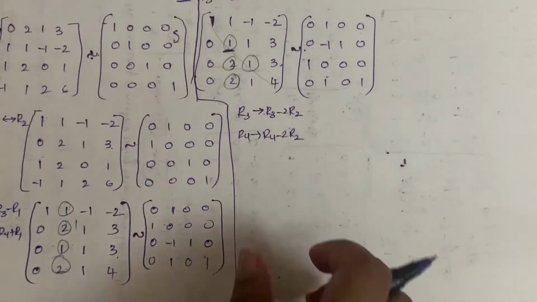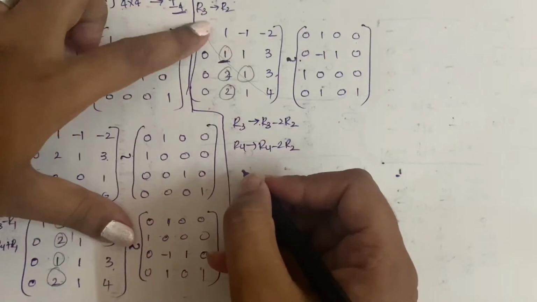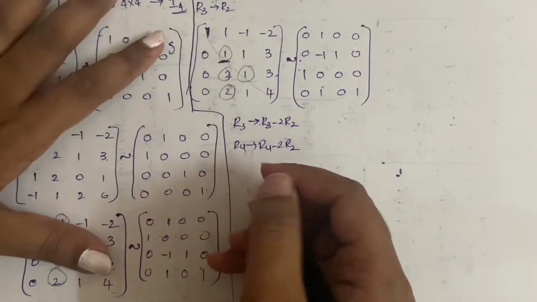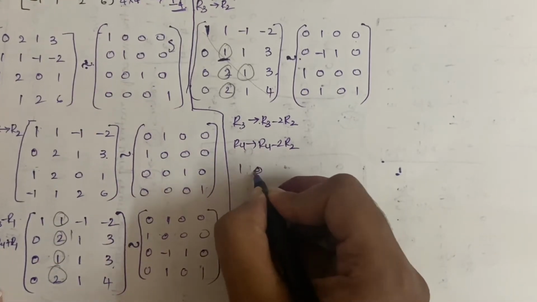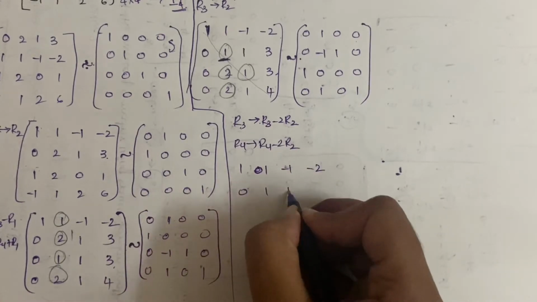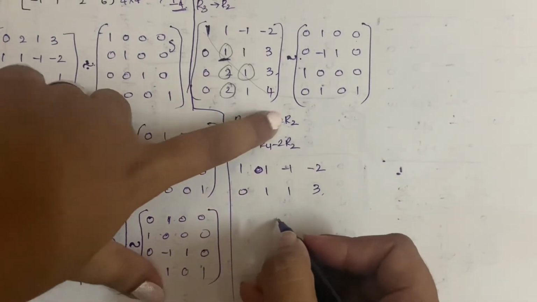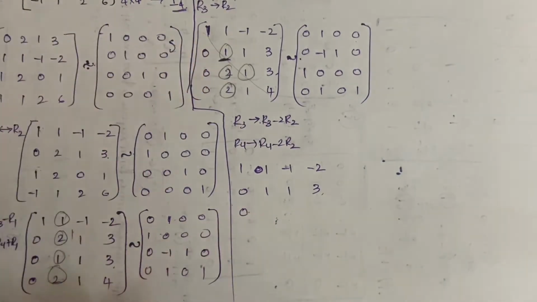Okay, so now let us apply the operation for this matrix. R1 and R2 will be the same, write them as it is: 1, 1, minus 1, minus 2 and 0, 1, 1, 3. Now R3 minus 2 R2 is 0 again. Why not R1?